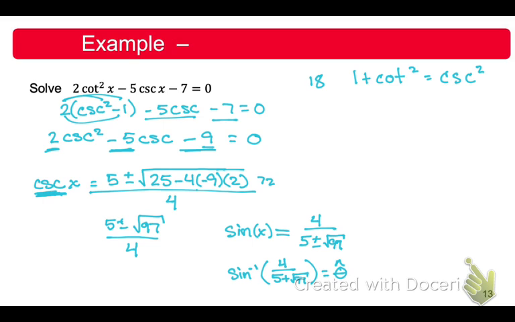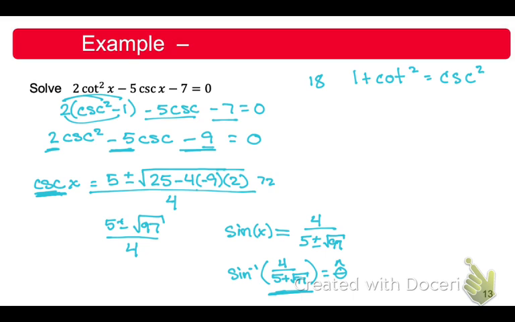Error domain. Well, if it says error domain, that means this is probably bigger than 1. Well, I'm wondering if you did it wrong. Put 4 divided by parenthesis 5 plus the square root of 97. Make sure you put your denominator in extra parentheses.